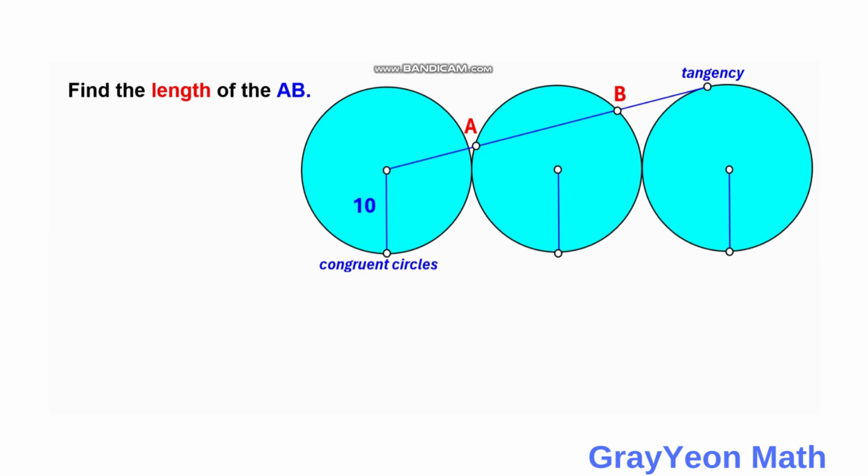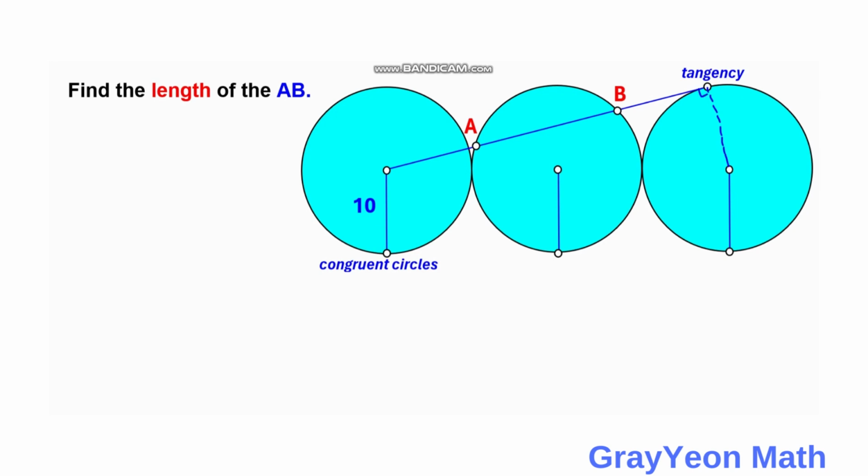So a hint on the first thing we have to do is, since we are given a point of tangency, we can draw a line from this point of tangency to the center of the third circle. And therefore, since this is a point of tangency, this should be 90 degrees.